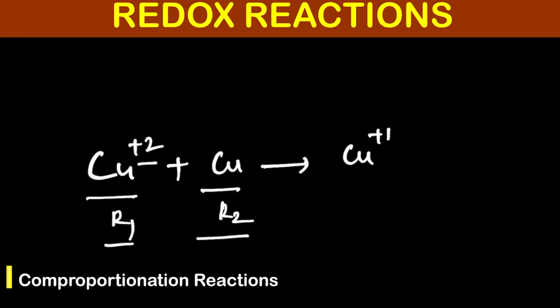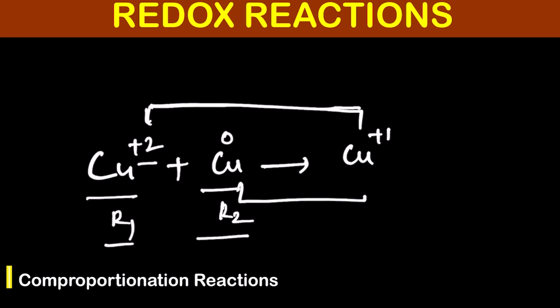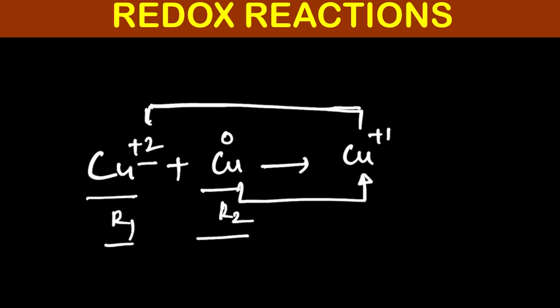Here copper is in +2 oxidation state, here copper is in 0 oxidation state. +2 is changing to +1, 0 is changing to +1. Both of them are giving rise to the same product in which the oxidation state is intermediate to that of the two reacting species, +2 and 0, intermediate +1. Such reactions are called comproportionation reactions.